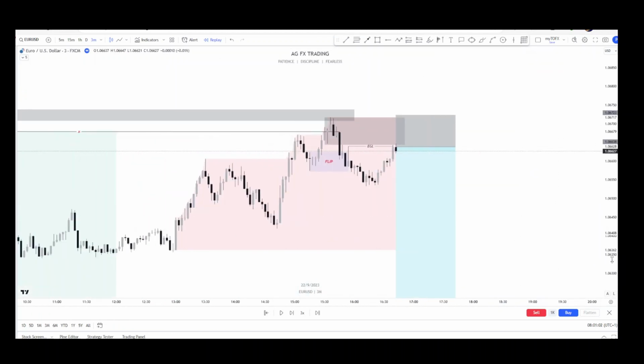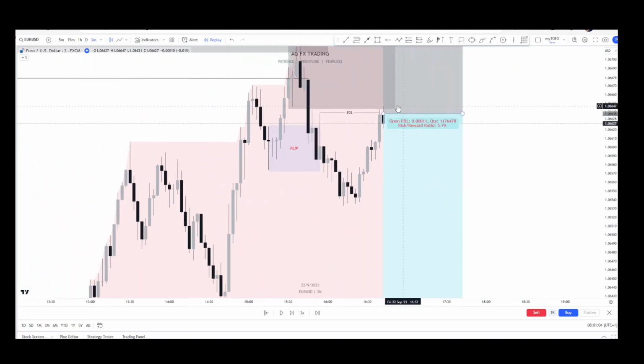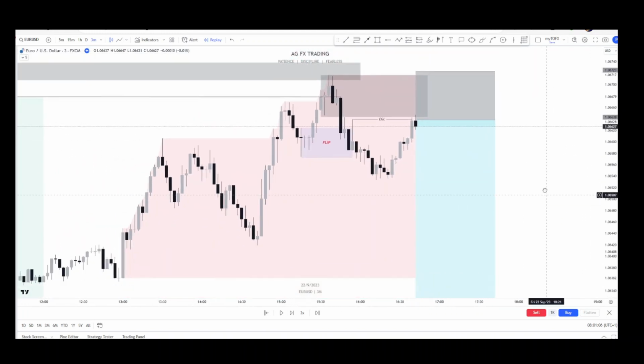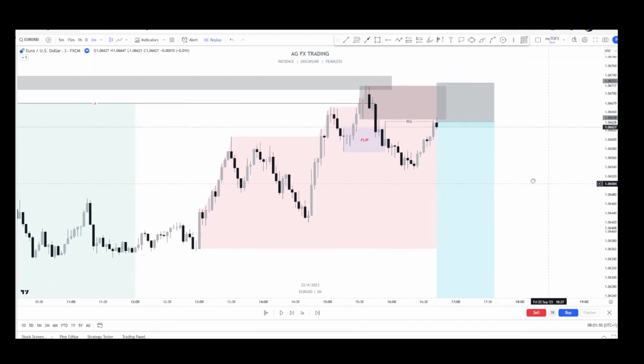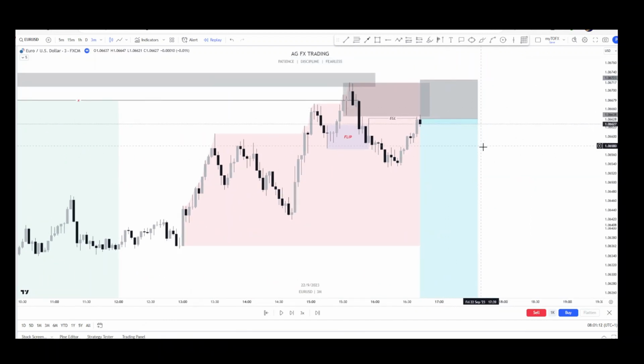At this point, I entered the trade here. Then I decided to let the trade run. You understand? Risking 8.5 pips, and this was going to around 4:30 my time. So I was like, okay, let me see what happens.